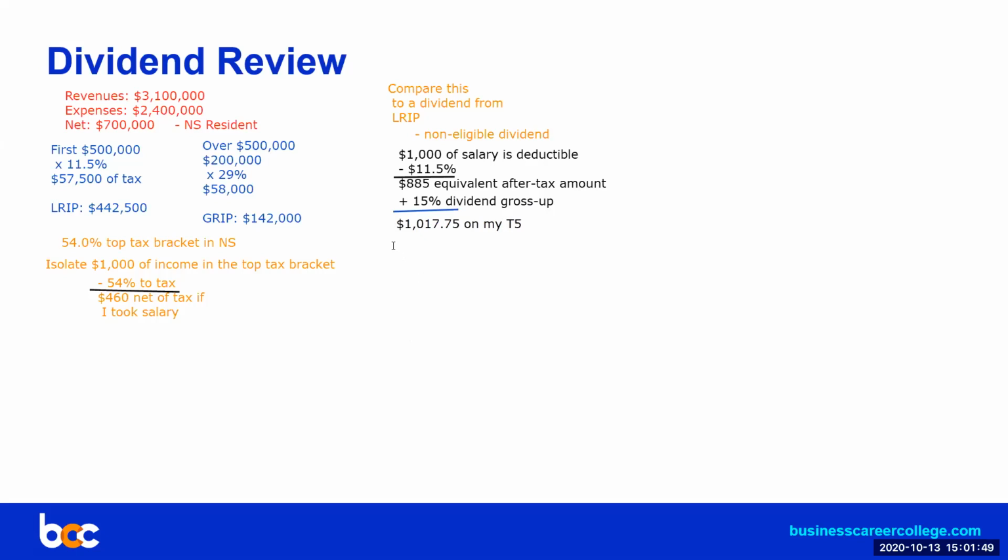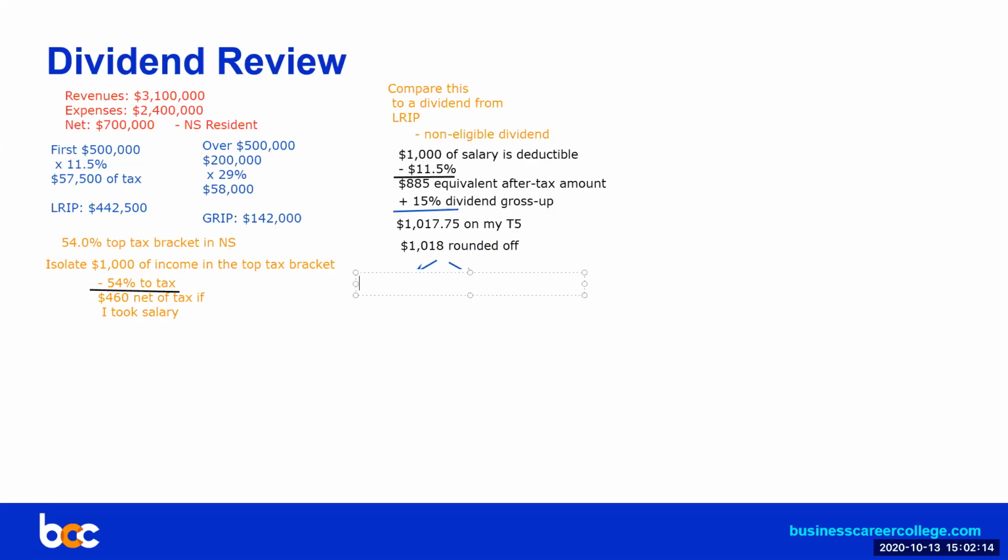Now, can I just round it off to $1,018? Okay, so we're going to round that off to 1,018 just for the sake of not having to fight with 75 cents. And now I'm going to do two things with that grossed up amount.